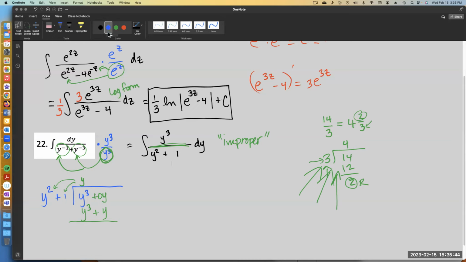And then when we go ahead and do the subtraction, we're going to end up with negative y. So we're subtracting. So we're going to do y cubed minus y cubed, which is 0. And then we're going to do 0y minus positive y. And 0 minus positive is negative.